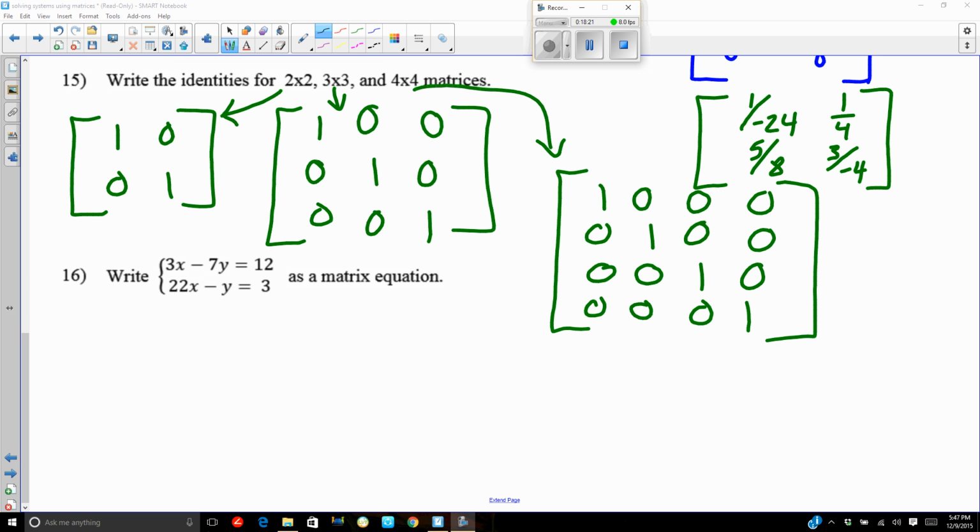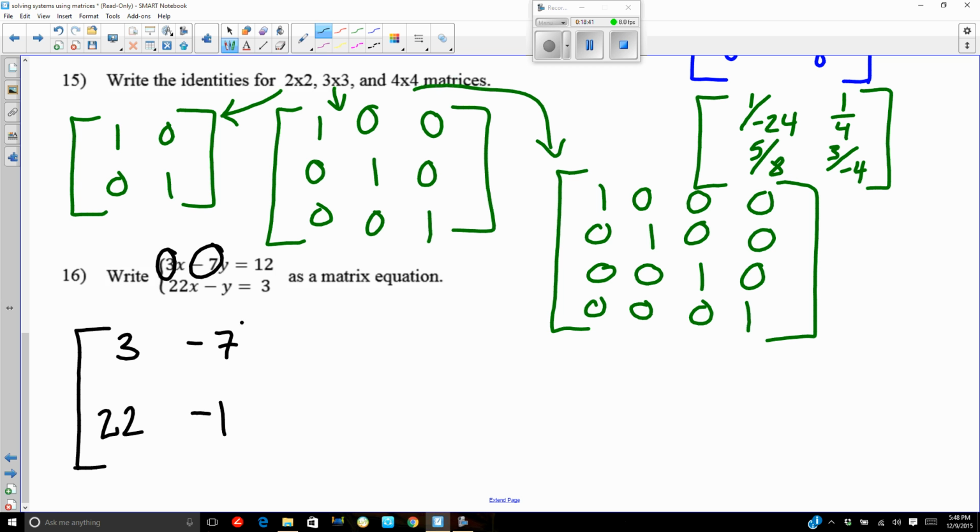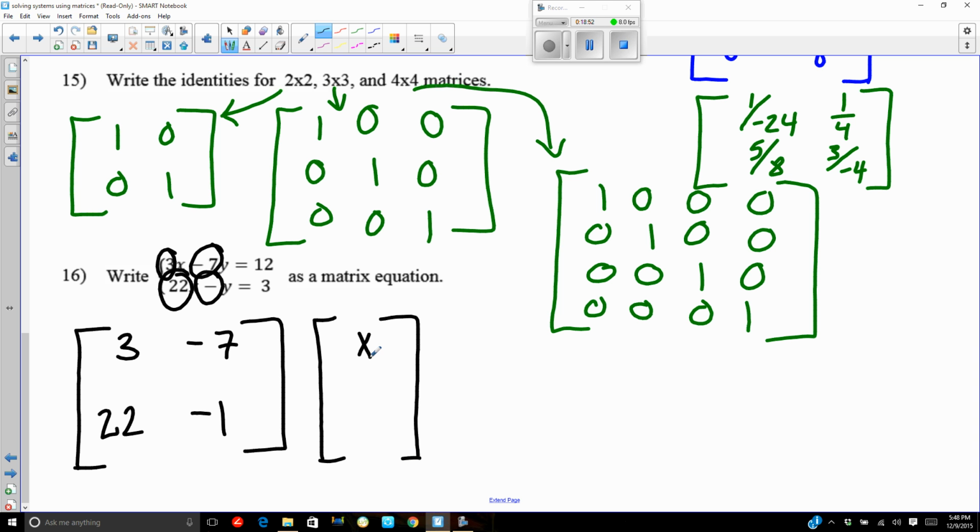Number 16 does not say solve. It says write as a matrix equation. So we did this the other day. The matrix that we would put in for matrix A would be the coefficients, so that is 3, -7, 2, 2, and -1. To get an equation, we also need the variables we're trying to solve for, x and y.